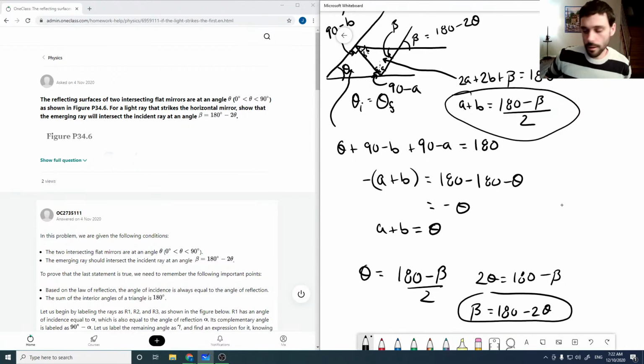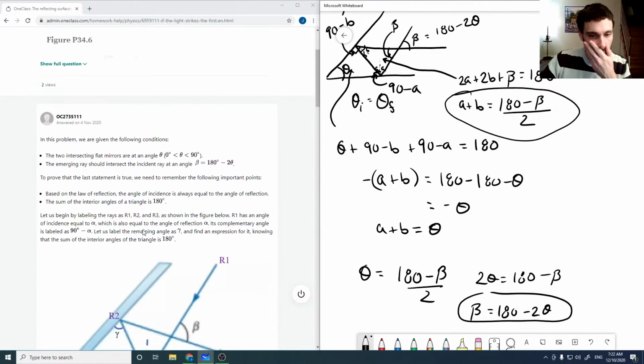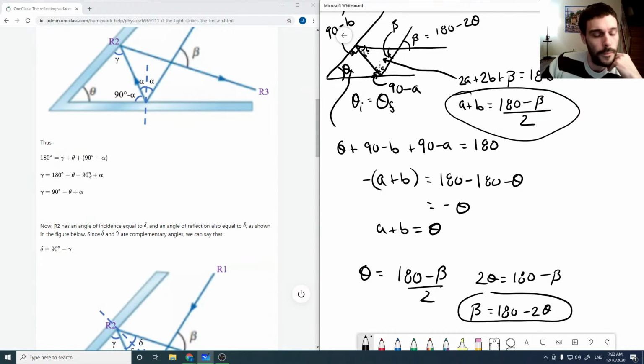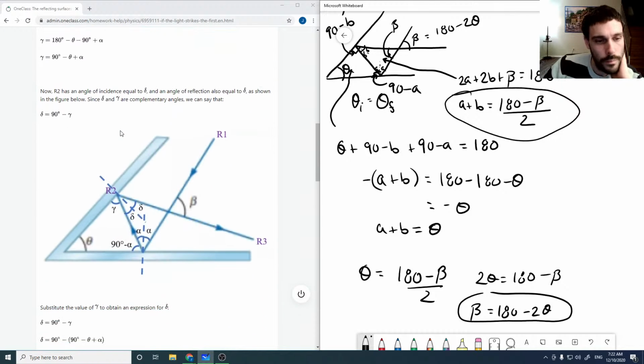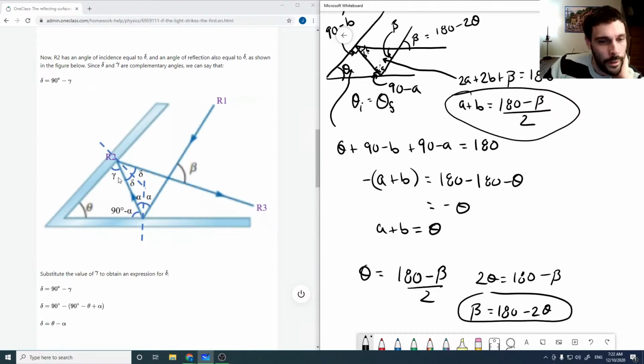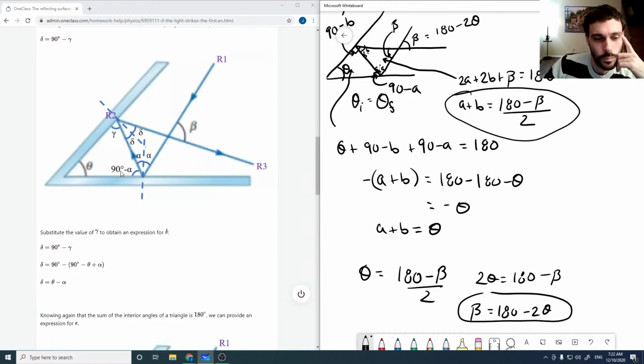Okay, so that looks pretty good. If we scroll down, we can grab the angles up here. So they solve for gamma, which is this angle up here. They showed that this angle in here is 90 minus gamma.